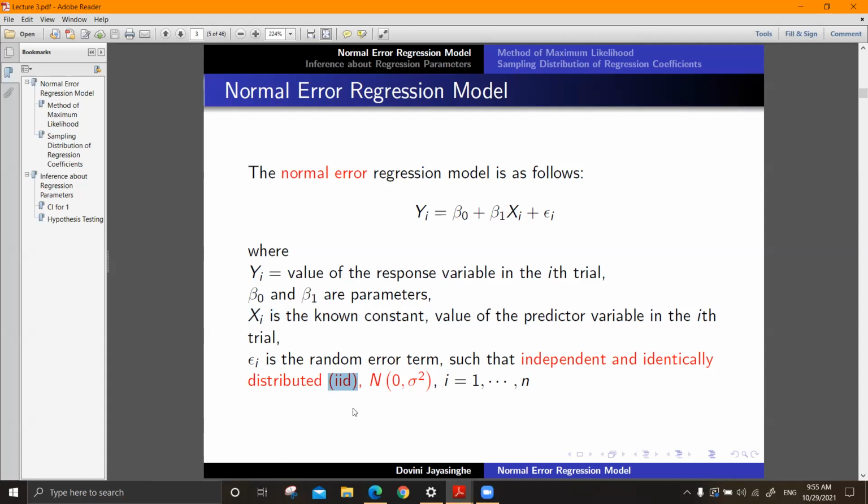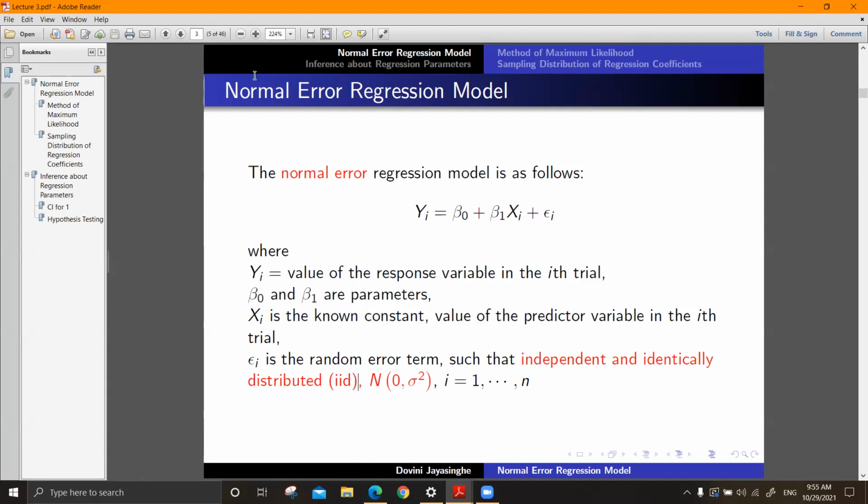In short, you can say IID, independent, identically distributed, which means all the error terms are independent of each other. There's no dependency at all. Identically distributed means the distributional form of the error is identical. Identical means exactly the same, right? So it should have a mean of 0 and some constant variance.